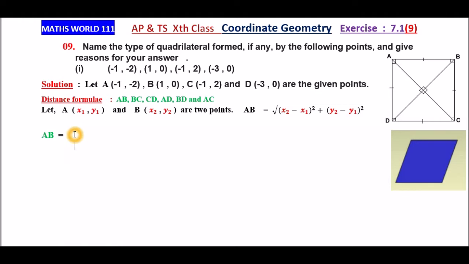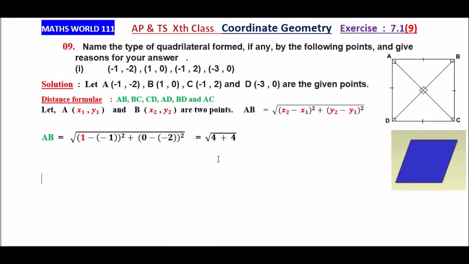Just simply substituting these values x1, y1, x2, y2 in the formula, we get AB. So that is equal to square root of (x2 minus x1), so (1 minus of -1) whole square, plus (y2 minus y1) whole square, that is (0 minus of -2) whole square. So 1 minus of -1, minus into minus plus, so 1 plus 1, that is 2, 2 square, that is 4, that is equal to root of 4.